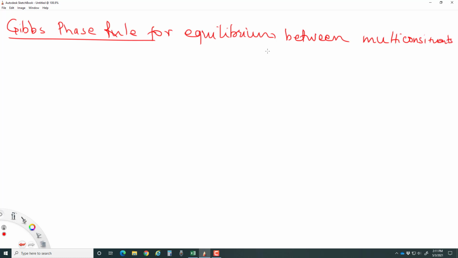And these multi-constituents also may be in multi-phases.